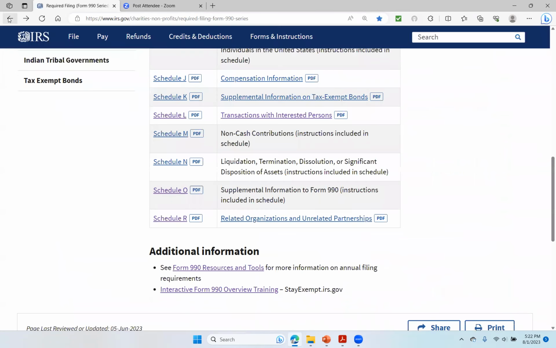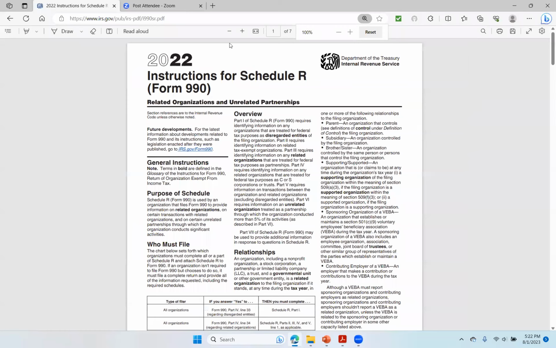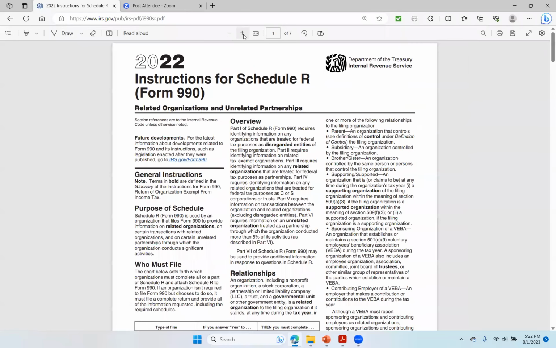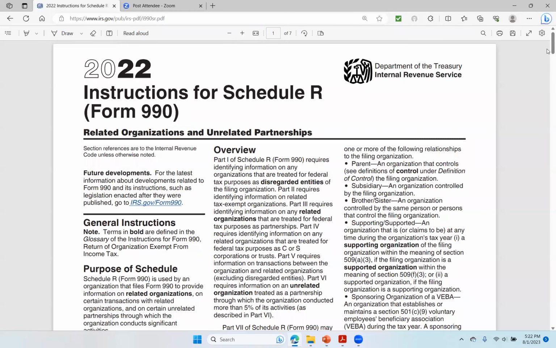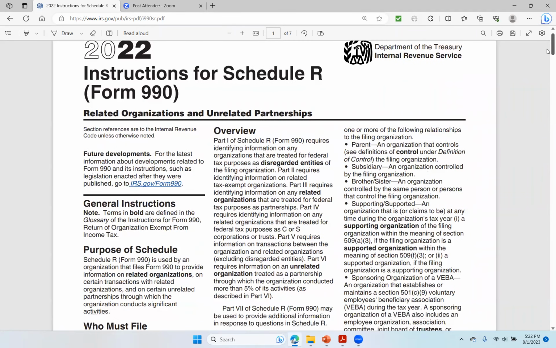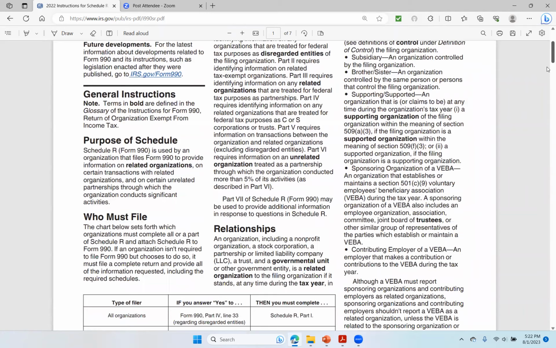So their accountant should have completed all of these schedules, in my opinion, and attached them to the Form 990 information return. And now I'm sharing with you the instructions for Schedule R.